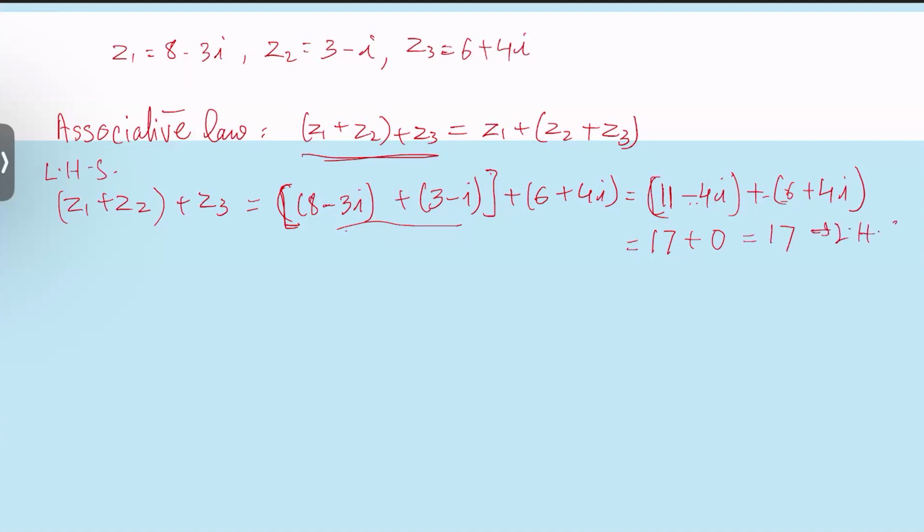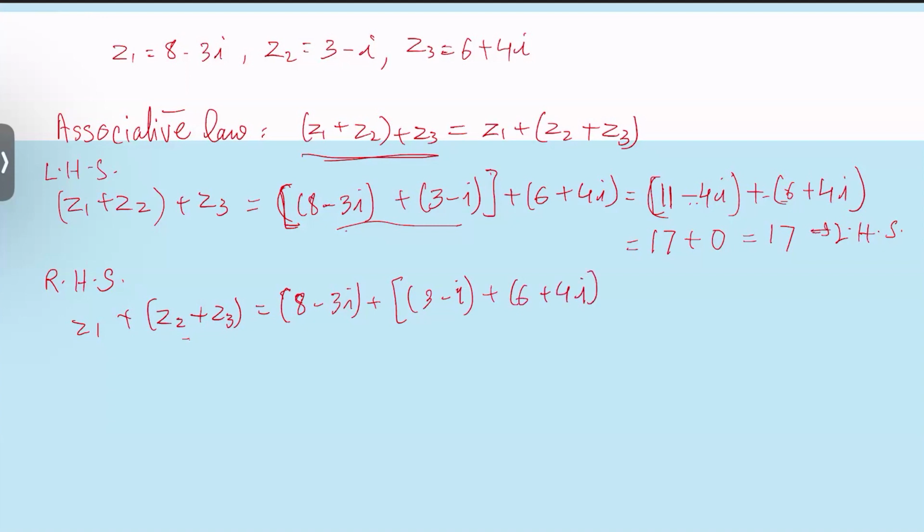Now let's see if we get the same answer if we solve for the RHS. As for RHS, we have Z1 plus (Z2 plus Z3). We will first solve Z2 plus Z3 as we have it in the brackets, and write Z1 outside. Z2 is 3 minus i plus 6 plus 4i. So what do we get in that?